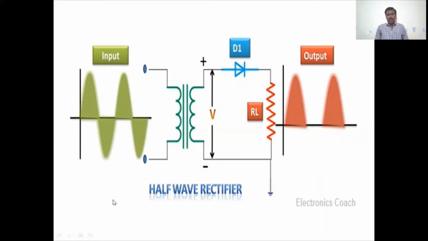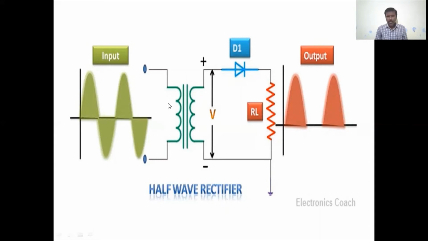Let us see, this is the input cycle of AC. This is a positive cycle, this is a negative cycle, this is a positive cycle and this is a negative cycle. By applying the source, we can apply the AC signal input at the terminals of the primary coil of this transformer.